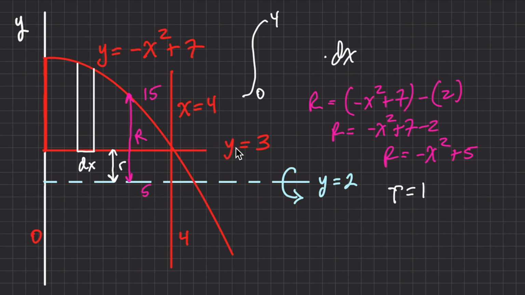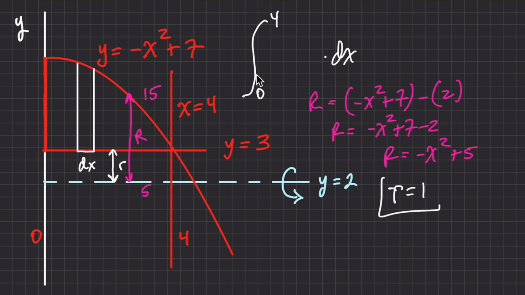We have y equals 3, y equals 2, y equals negative x squared plus 7. That's because that's going to yield x's within our integrand to match the dx and to match the starting and ending point of the interval that we are going to integrate.